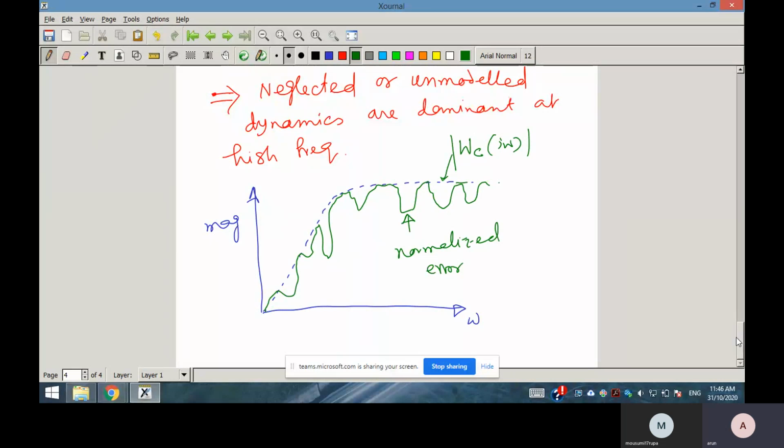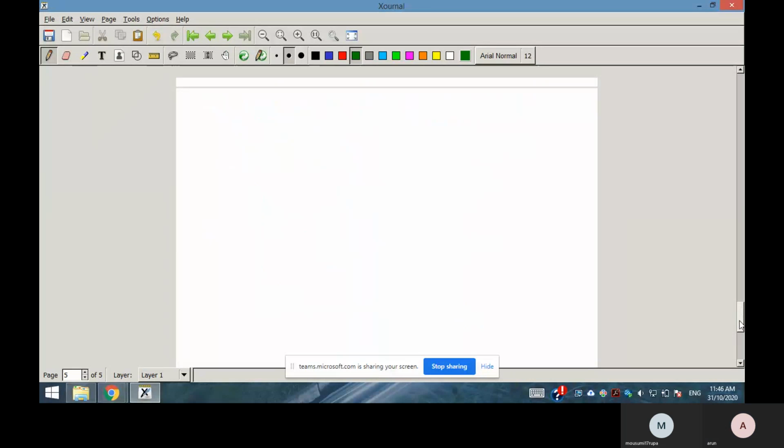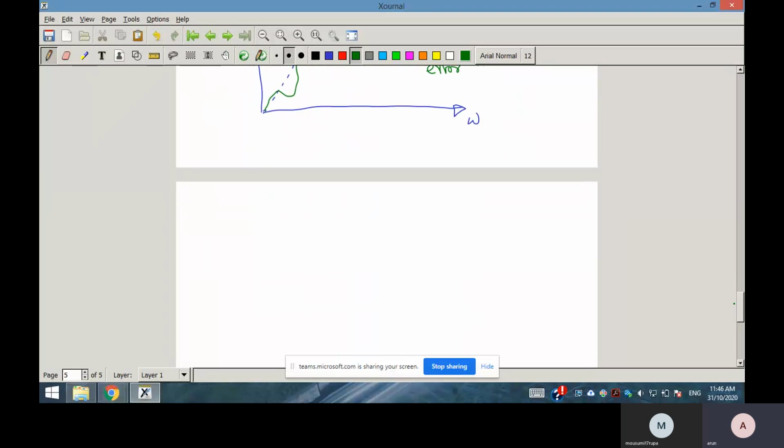So from this you can write that your normalized error, delta G j omega divided by G of j omega, what is it? That is G hat j omega divided by G j omega minus 1.